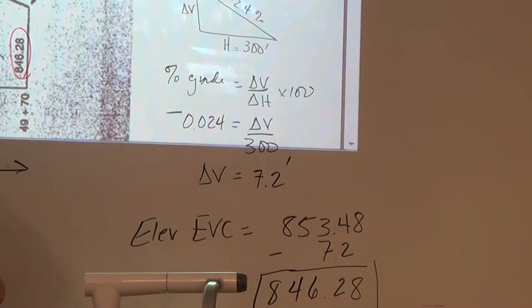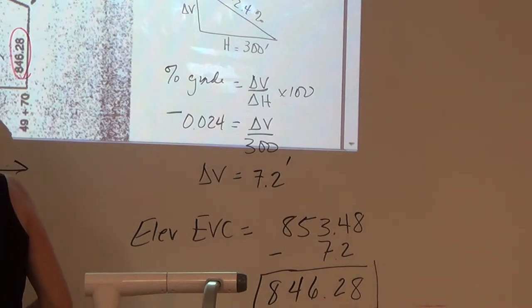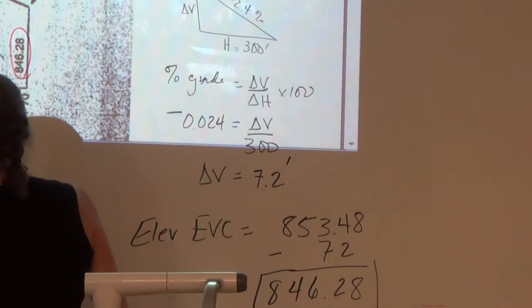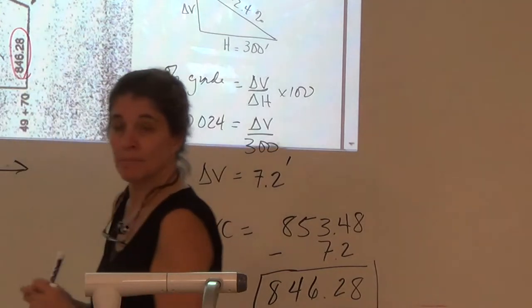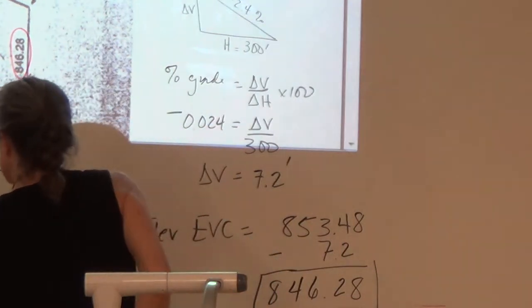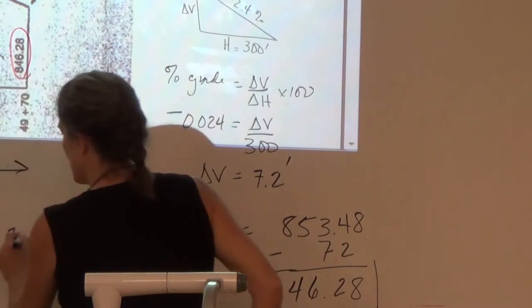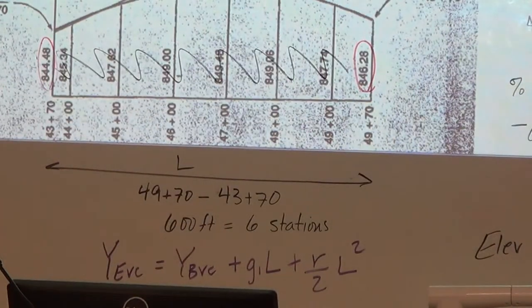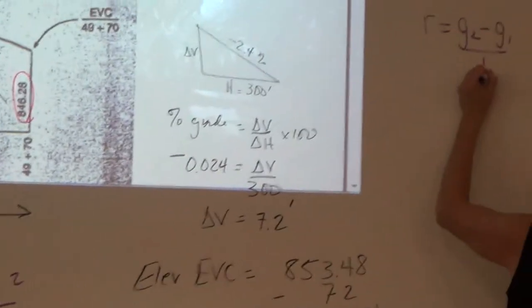The elevation of the EVC is equal to the elevation of the BVC plus G1 times L, plus R over 2 times L squared, right? So we have to calculate what R is. The equation for R was G2 minus G1 over L, right?